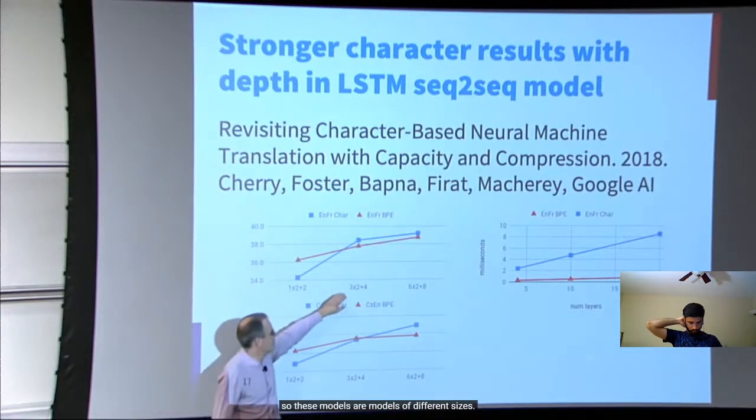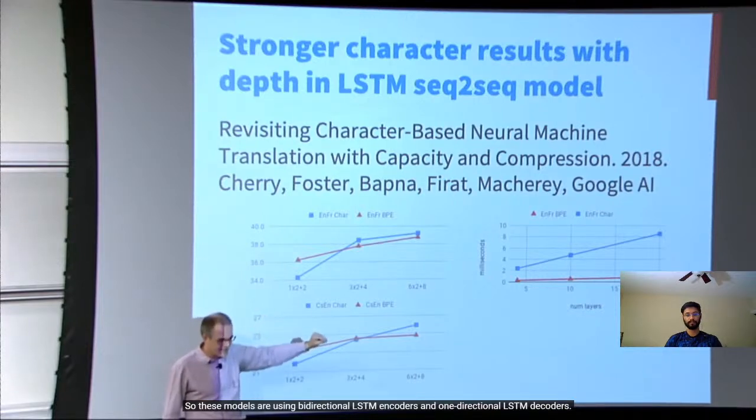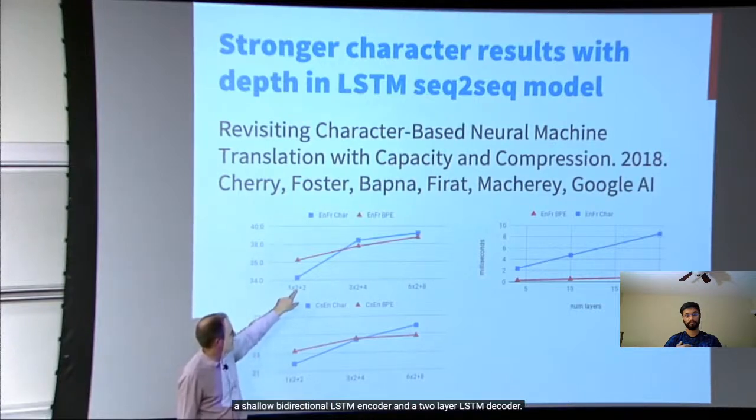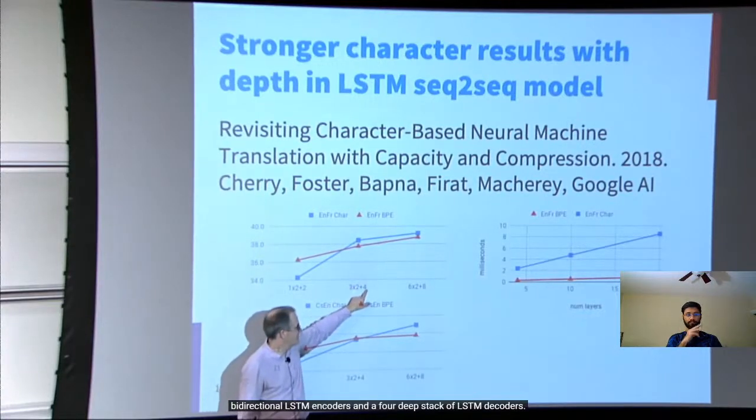So these models are of different sizes. They are using bidirectional LSTM encoders and one-directional LSTM decoders. So the simplest model just has a shallow bidirectional LSTM encoder and a 2-layer LSTM decoder. The middle model has a 3-deep stack of bidirectional LSTM encoders and a 4-deep stack of LSTM decoders.